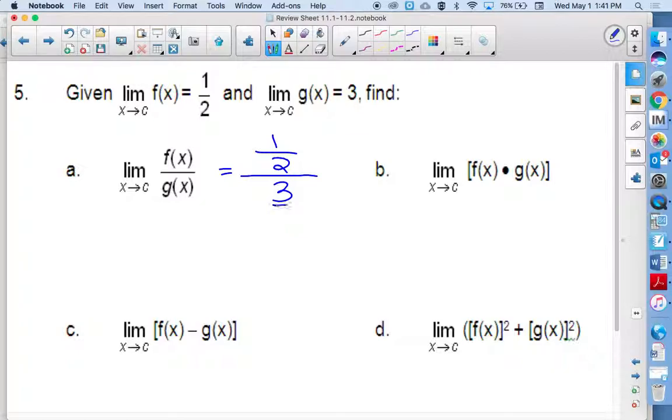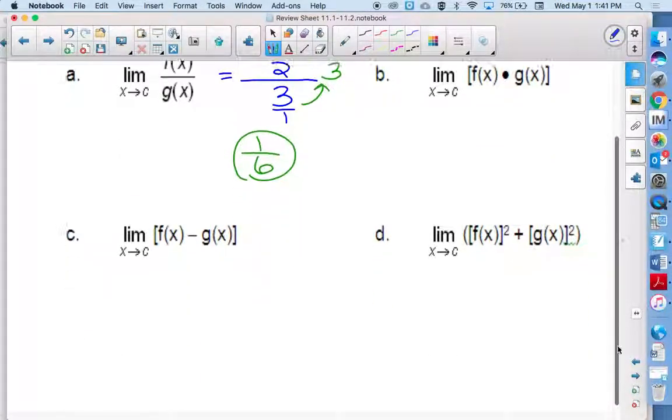That 3 can be written as 3 over 1, because dividing is actually multiplying by the reciprocal. So 1/2 divided by 3 is really 1/2 times 1/3, which is 1/6. So you're applying the operation to the limit, not the function, because it's called operations with limits.